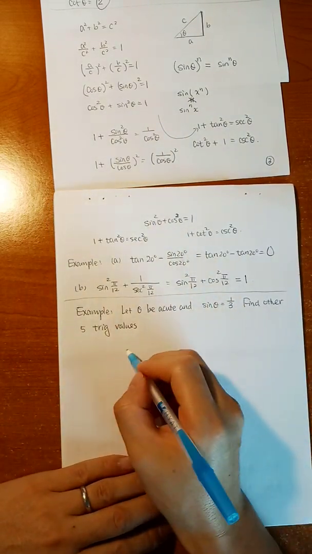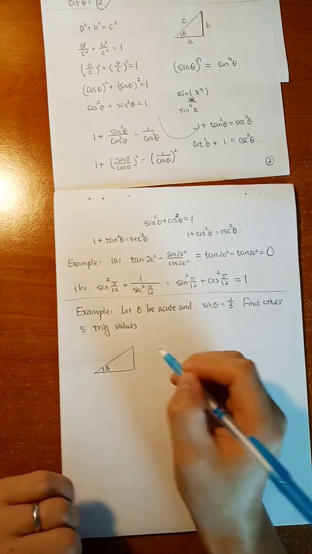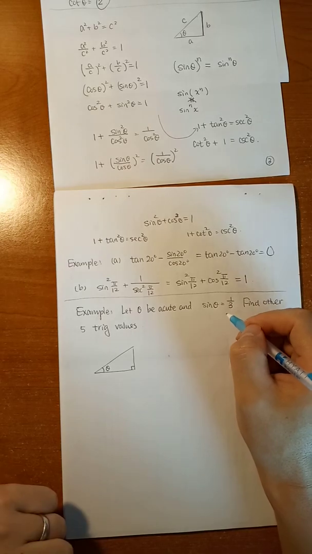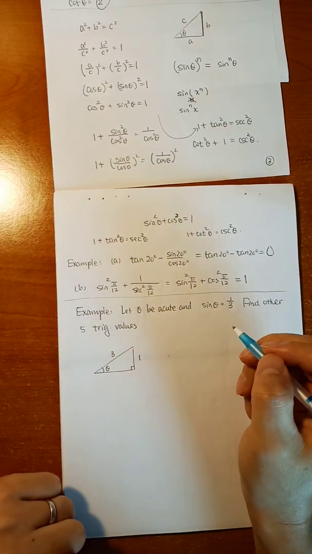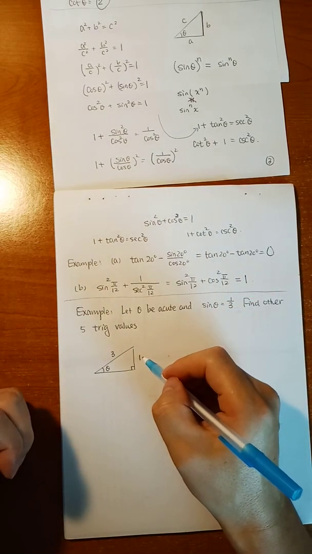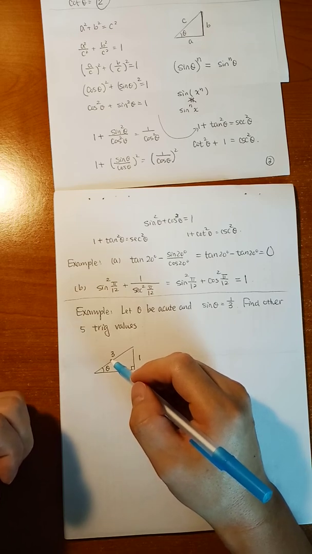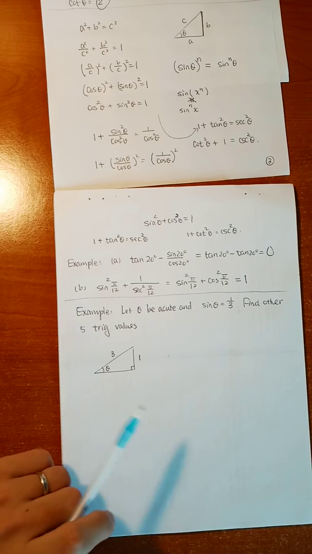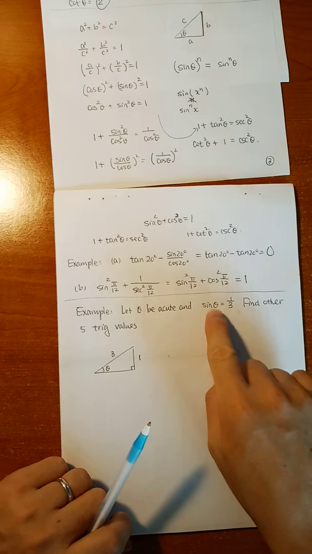It's an acute angle. Acute angle, just draw it in the right triangle. And sine is 1 over 3. You just assume opposite is 1, hypotenuse is 3. It's okay, you can assume opposite is 10, hypotenuse 30. It's the same thing, but you just make the computation more complex. Okay, so you assume the opposite is 1, hypotenuse 3 because you have sine.